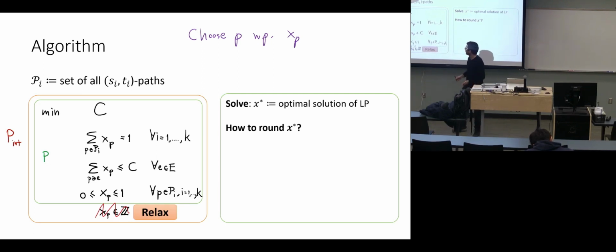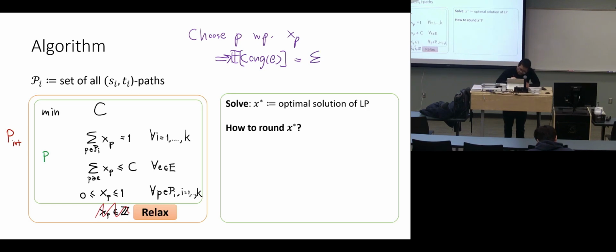So in expectation, the congestion on e will be just the sum over P containing e of x star P, which is at most C. So the expectation looks good.